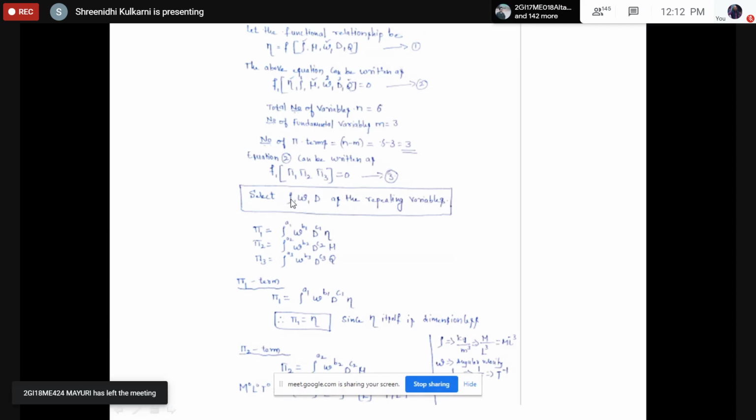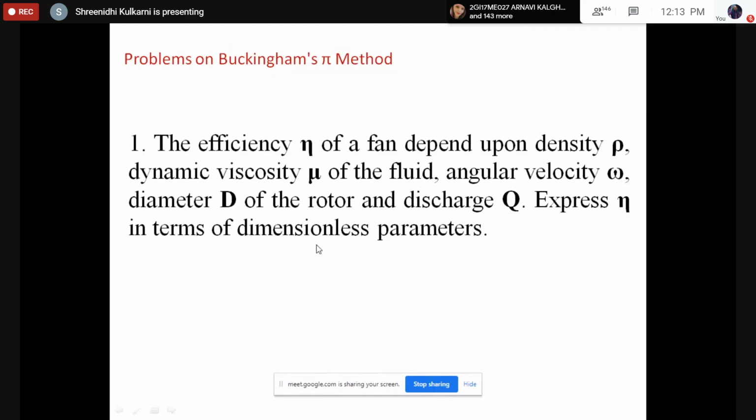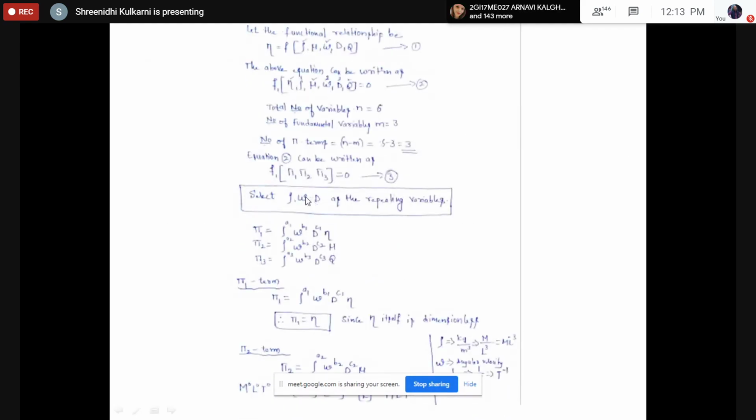Whatever these three, one should be from the flow property, another from the fluid property, and another one a geometrical property. I will come to that in your equation 2.